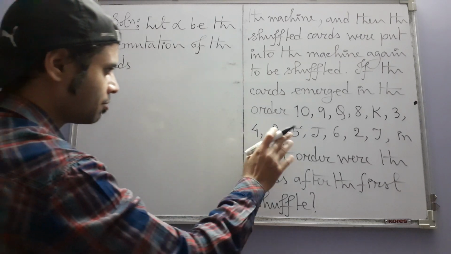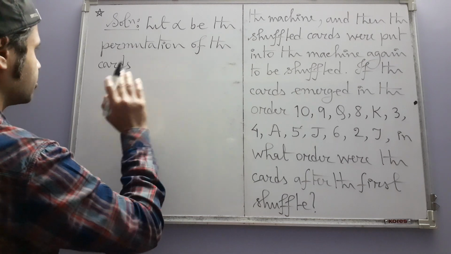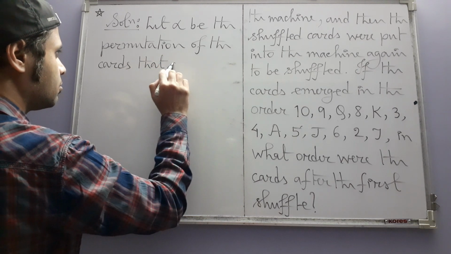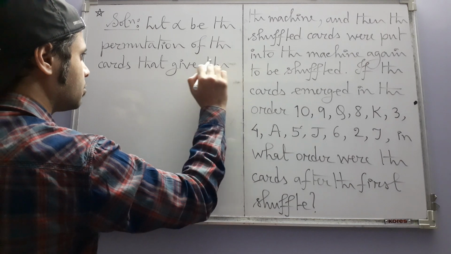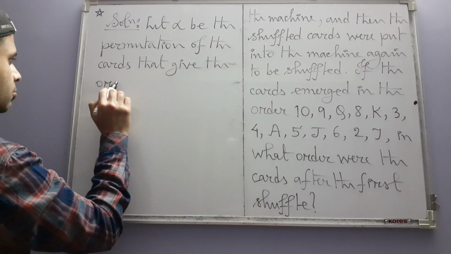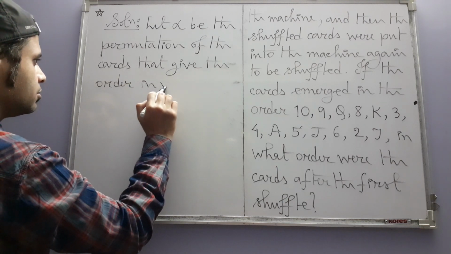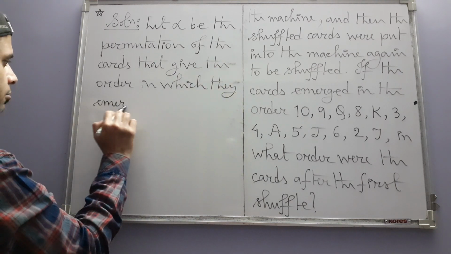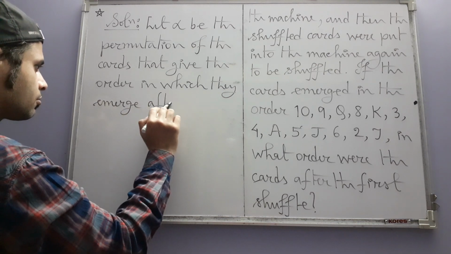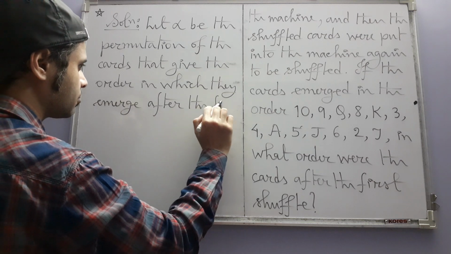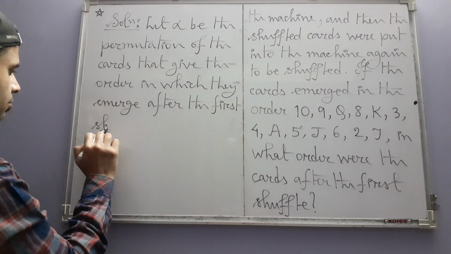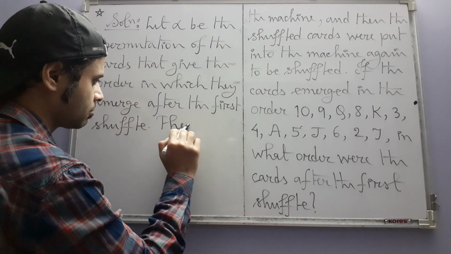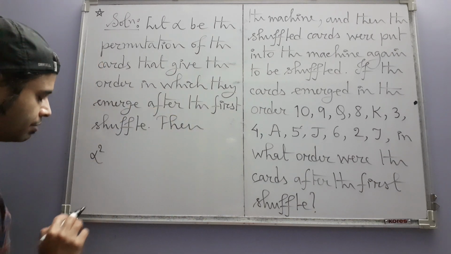The cards means only belonging to the heart symbol, only belonging to that suit of the cards, that give the order in which they emerge after the first shuffle. Then alpha square is given.